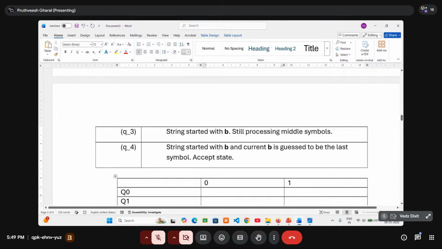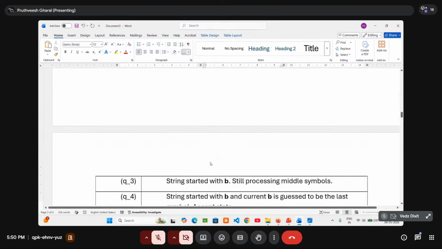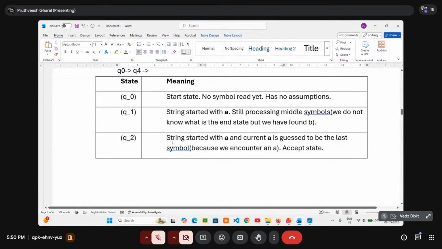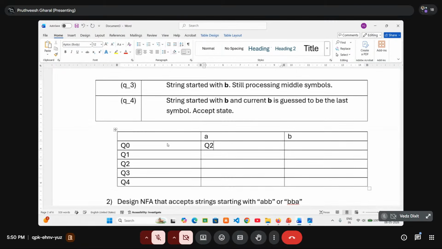So here in Q0, once we receive an A, it will move to the state Q2. Why will it move to Q2?